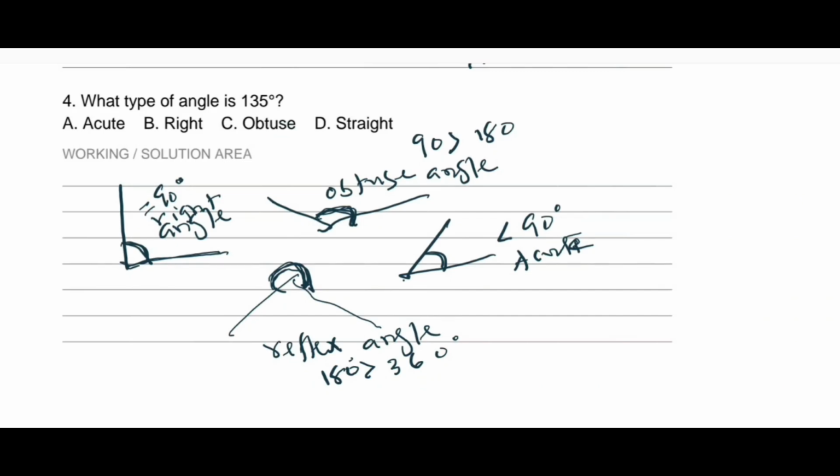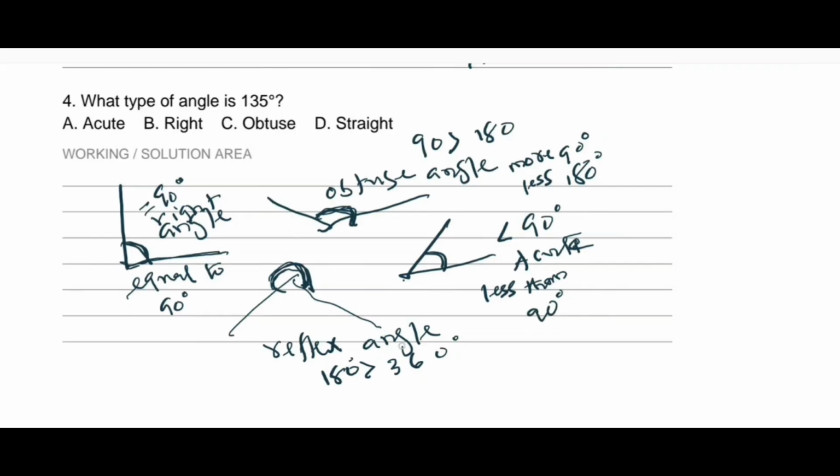Looking at the examples on the screen, a right angle is equal to 90 degrees. An obtuse angle is more than 90 degrees, but less than 180 degrees. Then an acute angle is less than 90 degrees.